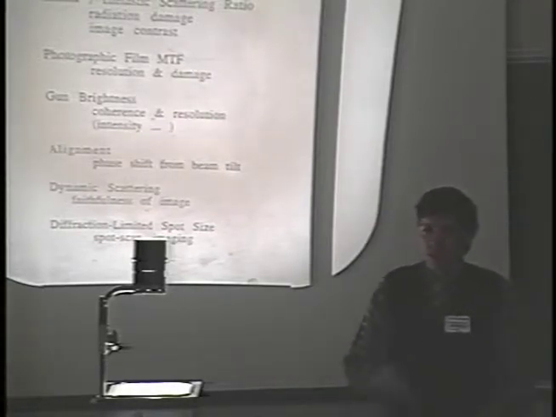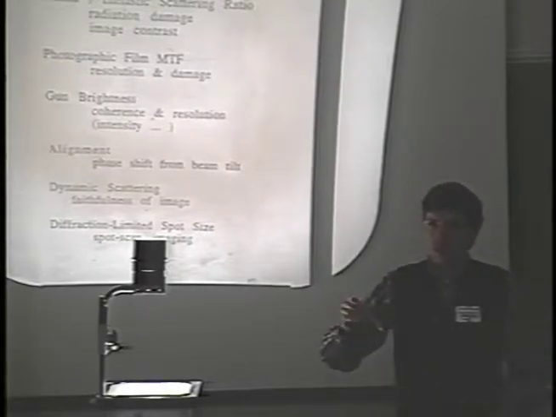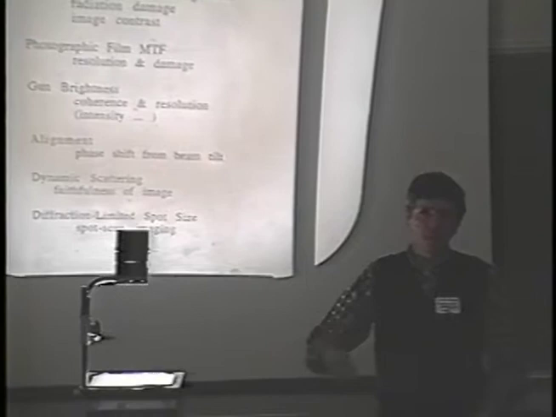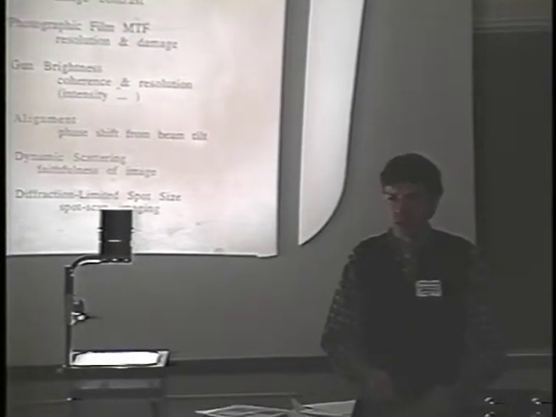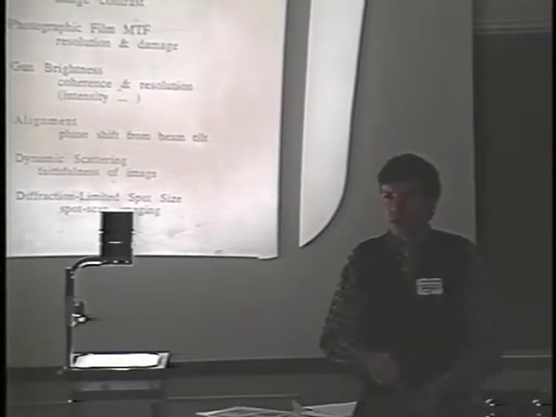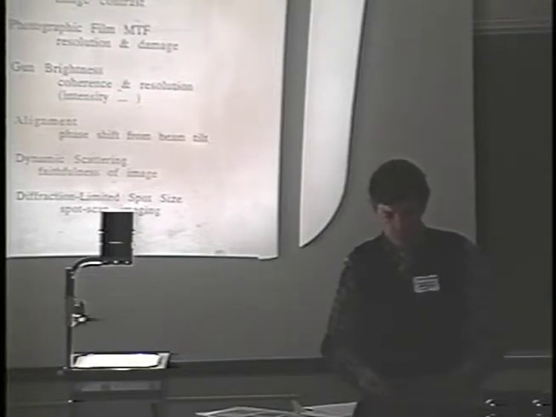Because the inelastic scattering is decreased, that means not as many grains will be developed for a given exposure when you're using high voltage. That means the photographic film, on the one hand, needs a little bit higher exposure in order to get the same optical density.